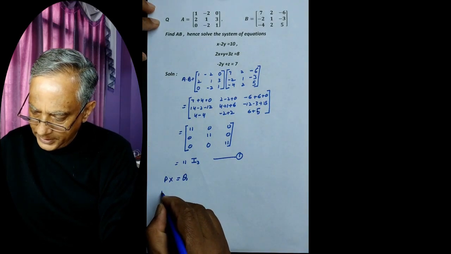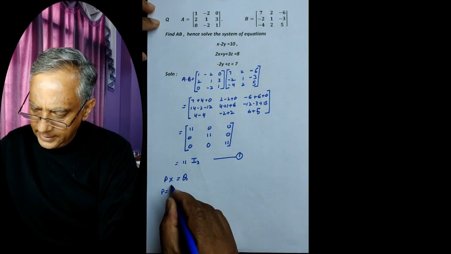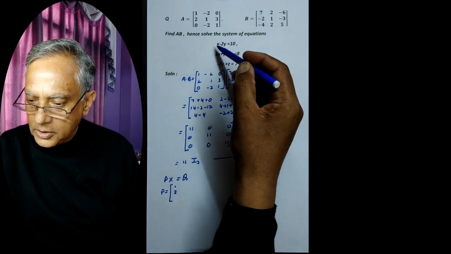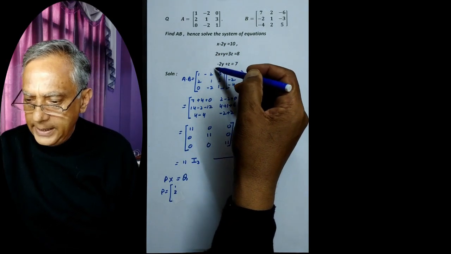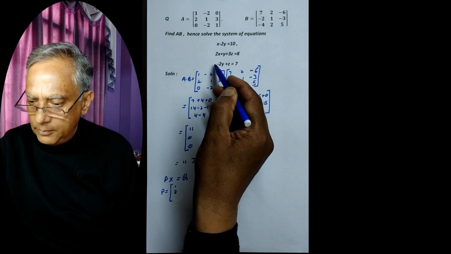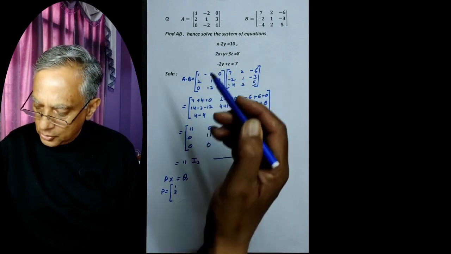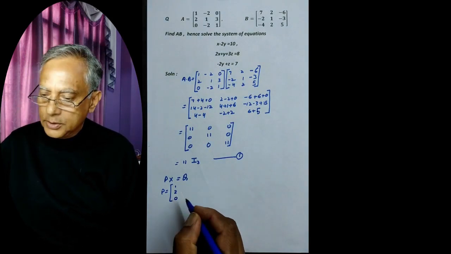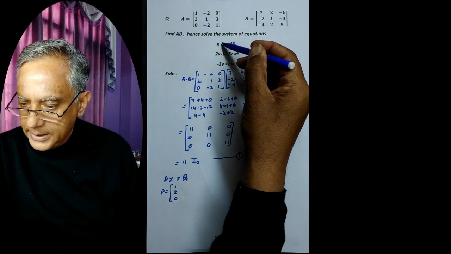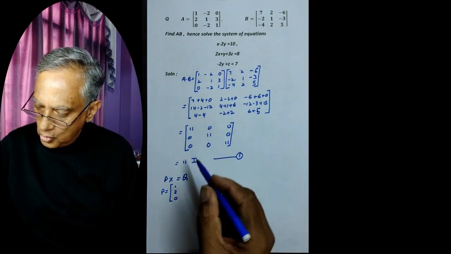So P is the coefficient matrix, coefficients of x: 1, 2 and 0. There is no term containing x in the third equation, so this will be 1, 2, 0. Coefficients of y: minus 2, 1, minus 2.